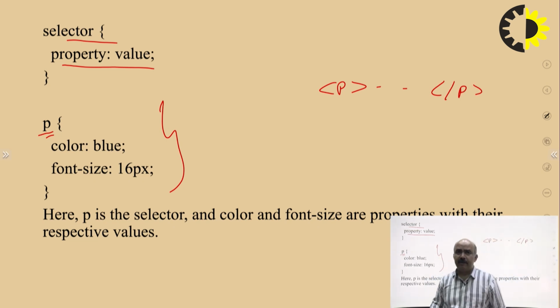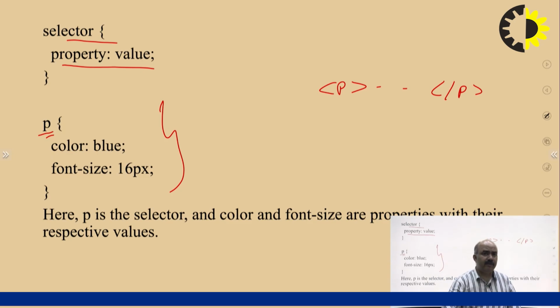Within this paragraph, whatever content we have written, we can increase or decrease the size of the text, or provide the color of the text. We can also provide the kind of background we want.